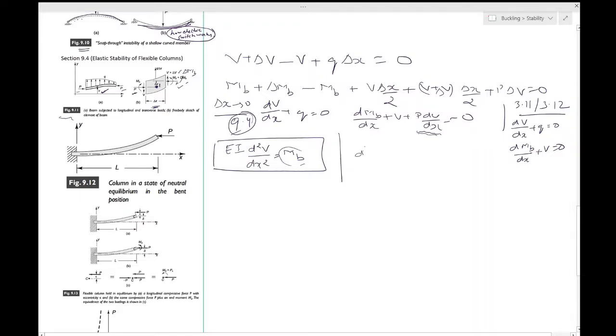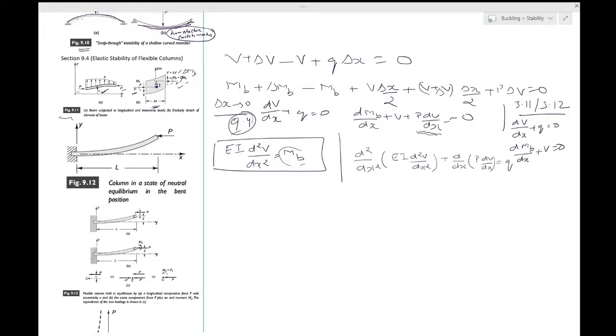So you would have d²/dx² of Mb equal to EI d²v/dx². So that's what you would be getting.